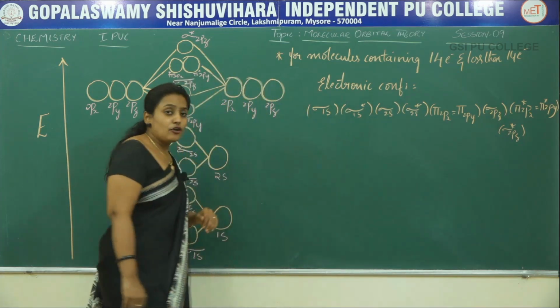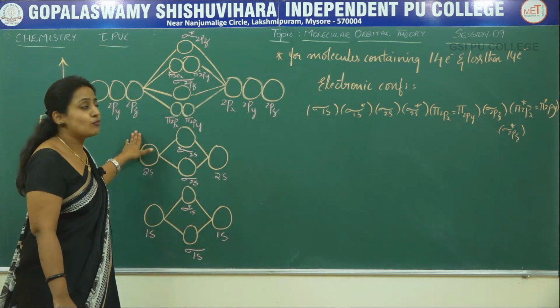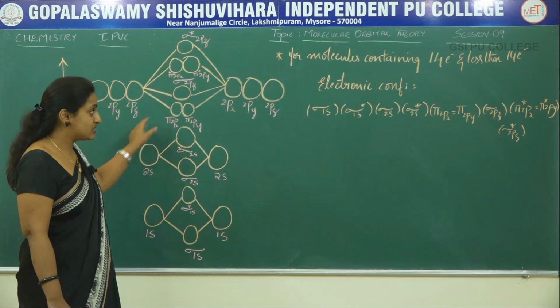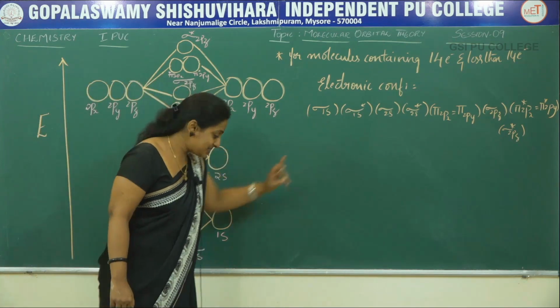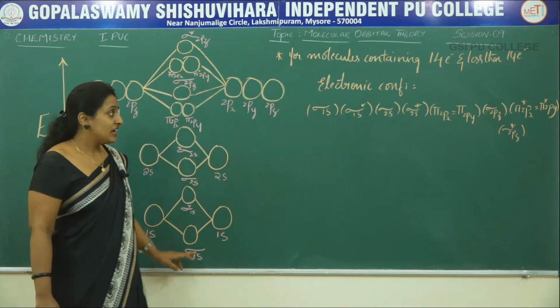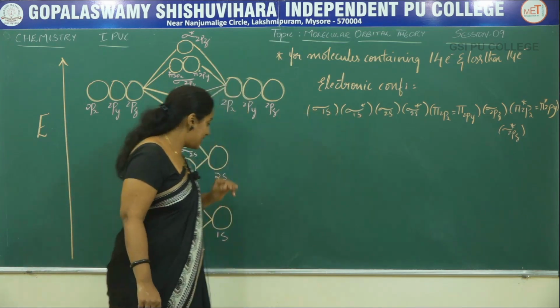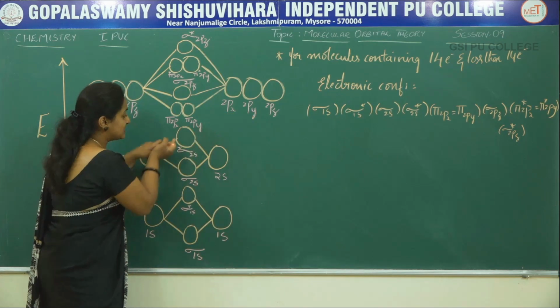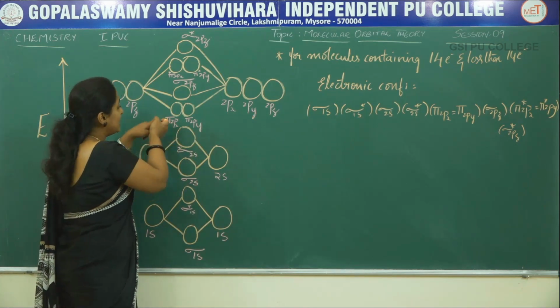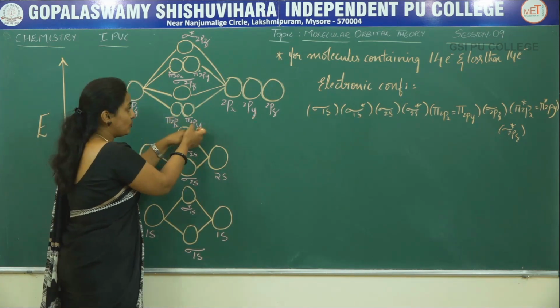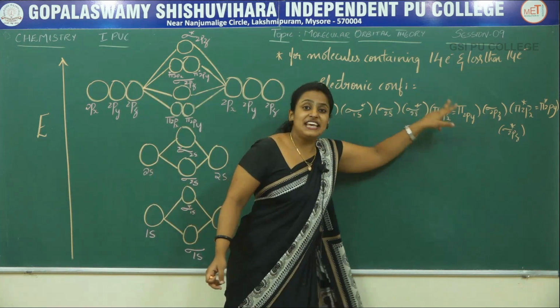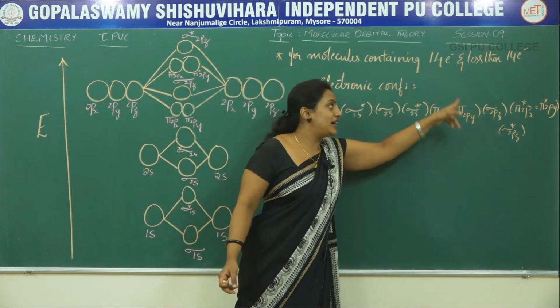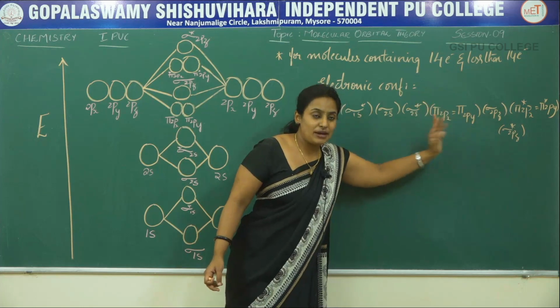So, the electronic configuration for this molecular orbital diagram is firstly sigma 1s, which is lower energy, then sigma star 1s, that is anti-bonding, next sigma 2s and sigma star 2s, finally pi 2px and pi 2py. These two have the same energy.